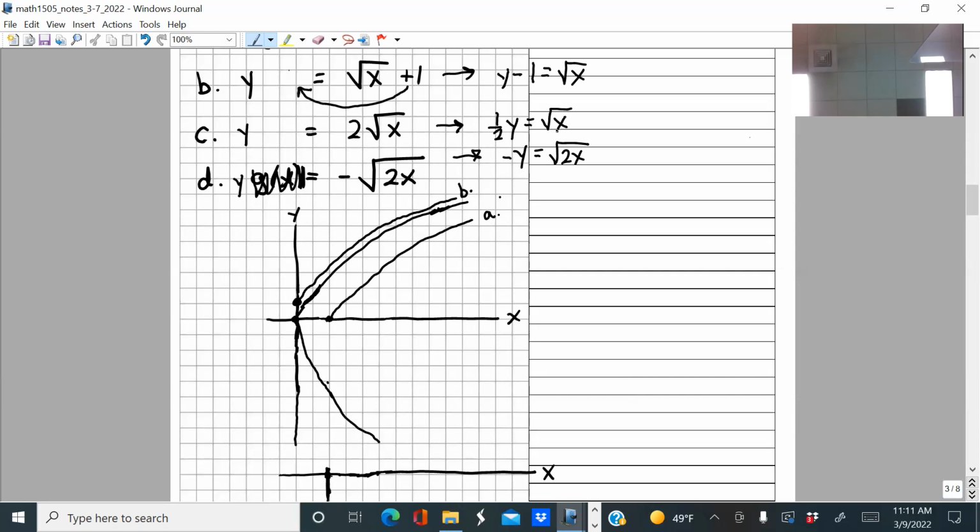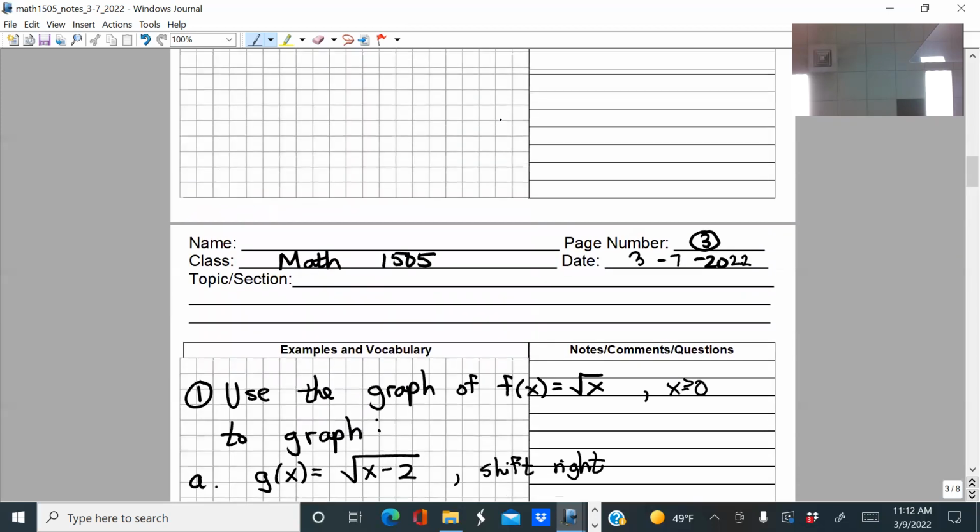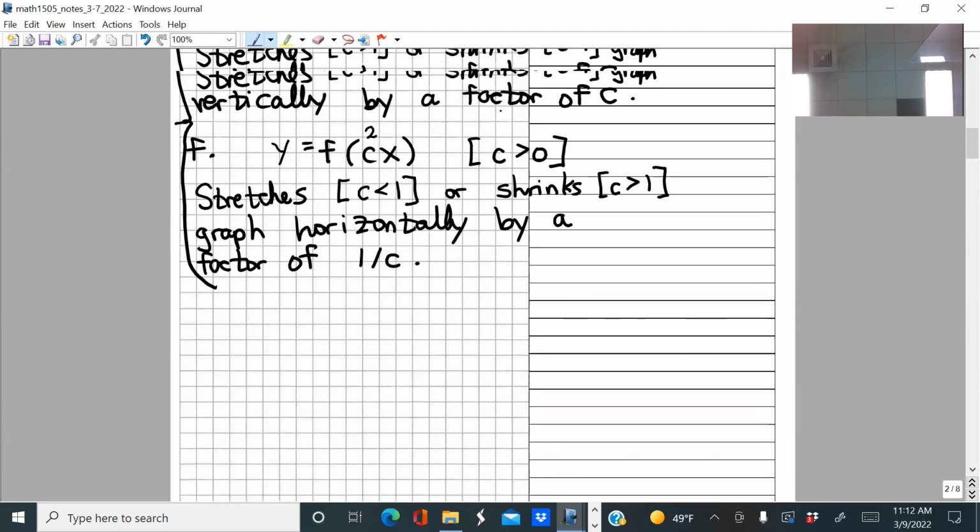Now it's more clear what's happening, right? I've multiplied the y by what? 1/2. So what is that effect going to be? It's going to be a stretch of some sort. Let's look back and see what kind of stretch that's going to be.